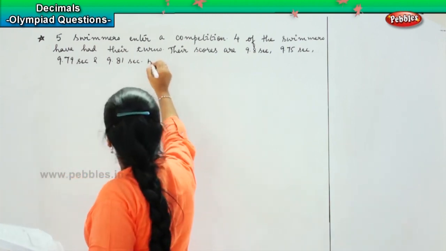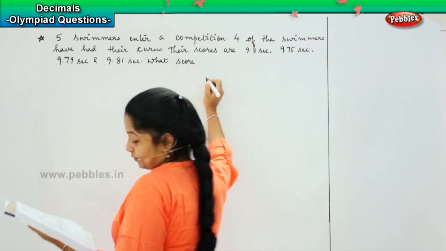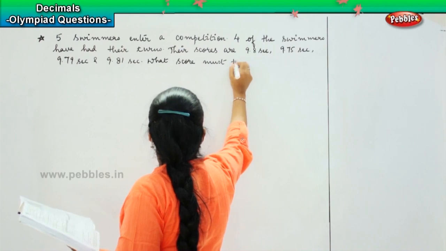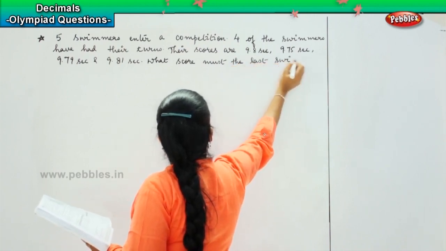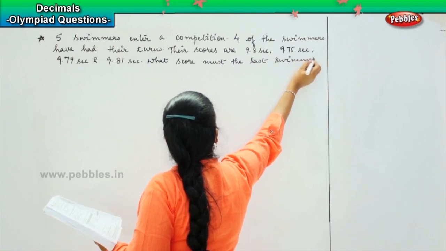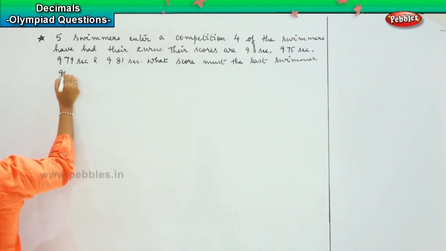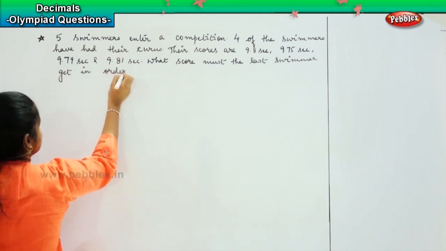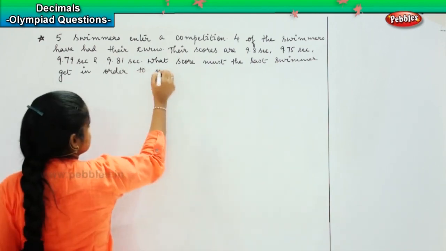What score must the last swimmer get in order to win the competition?